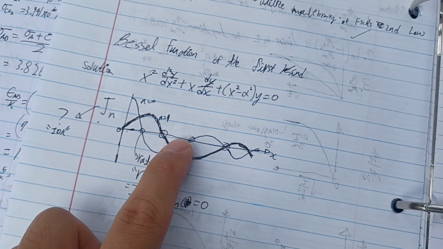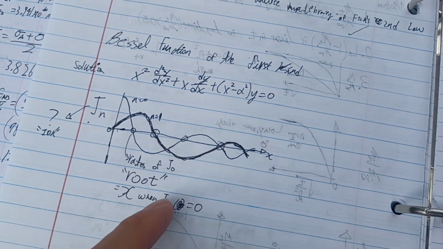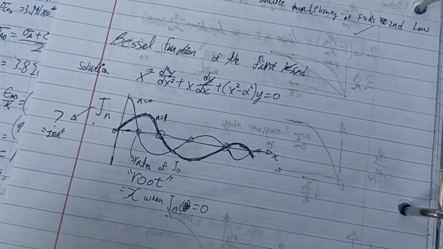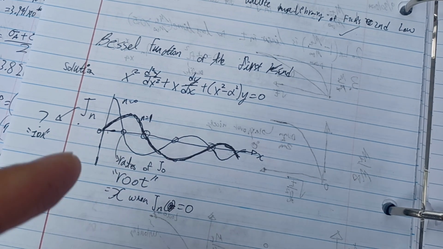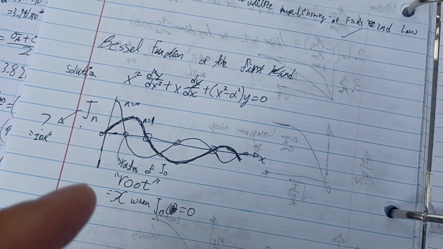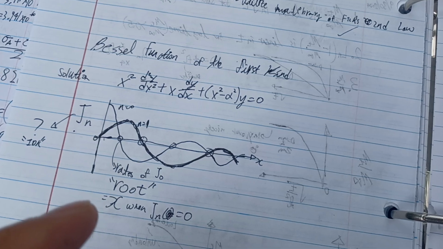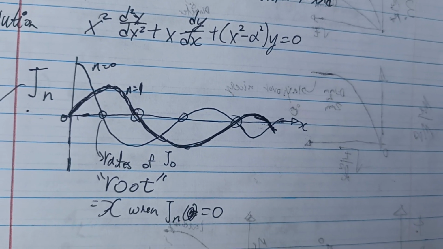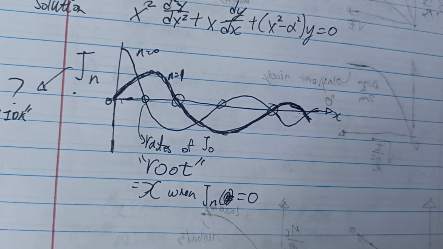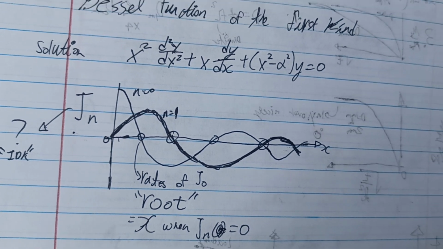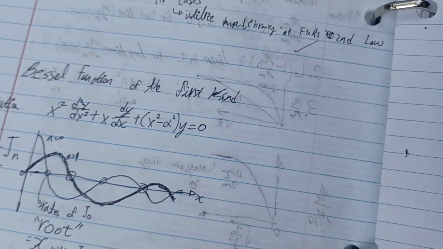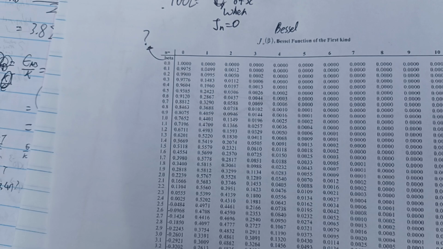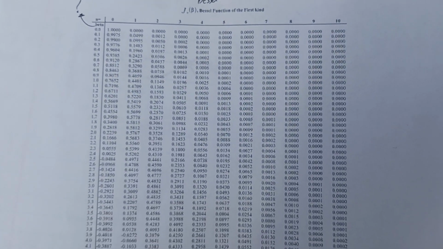The value of x when J is equal to 0 is called a root. And once we know that, we can utilize this Bessel function table to solve problems.